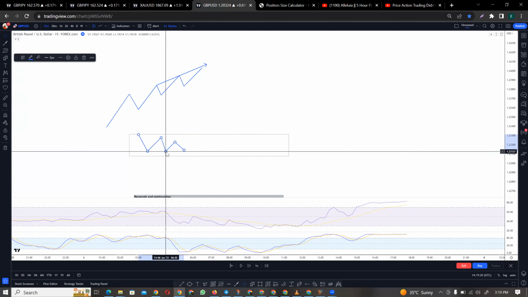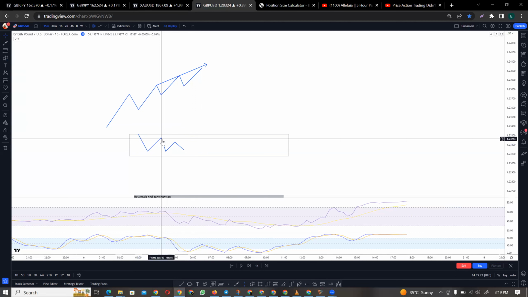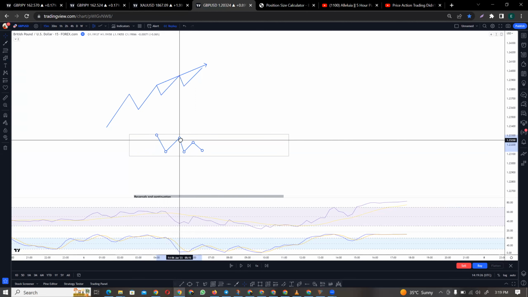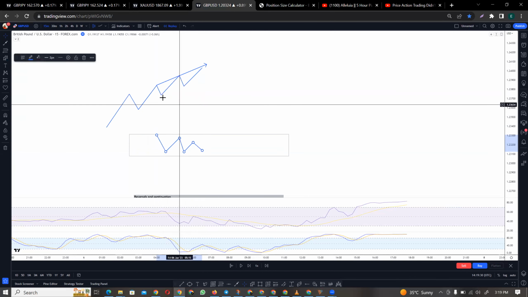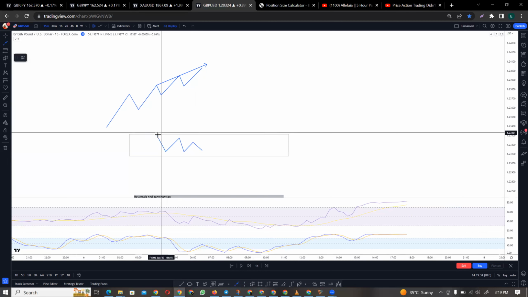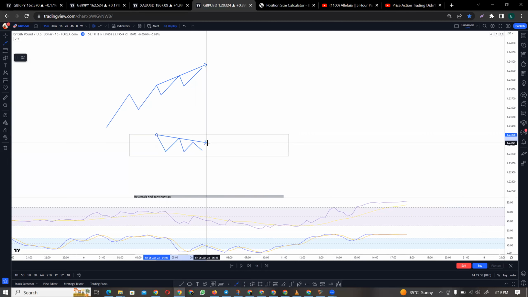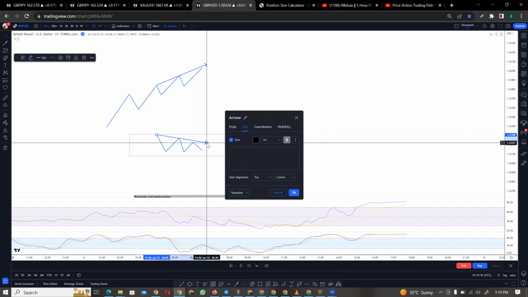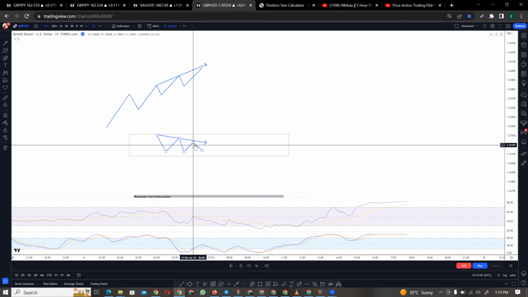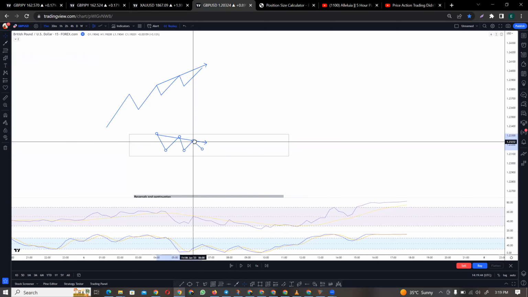So for example, market was doing something like this. So this is divergence now. We see it as stronger when it happens at the top of the RSI.